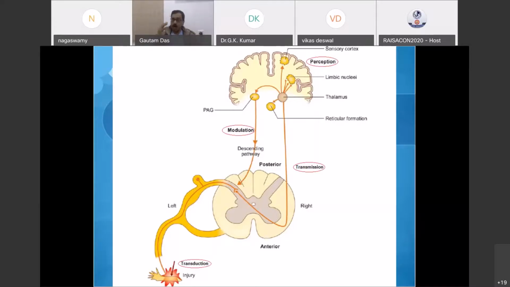So the question is, how is it possible? If the larger diameter A beta fibers are stimulated at the gate, which is the dorsal horn, where the first order neuron is sending signal to the second order neuron, at this gate there are certain inhibitory interneurons.